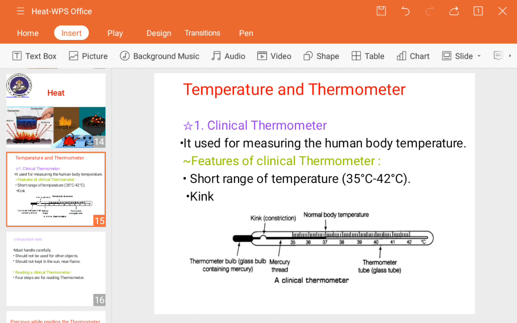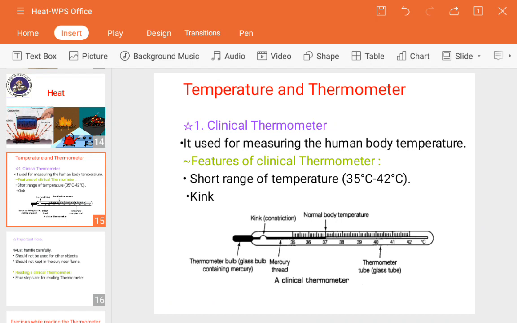We have learned how to measure the ice temperature and the steam temperature in the first session, and how to measure through Celsius, Kelvin, or Fahrenheit. Mostly we measure temperature with degree Celsius only.